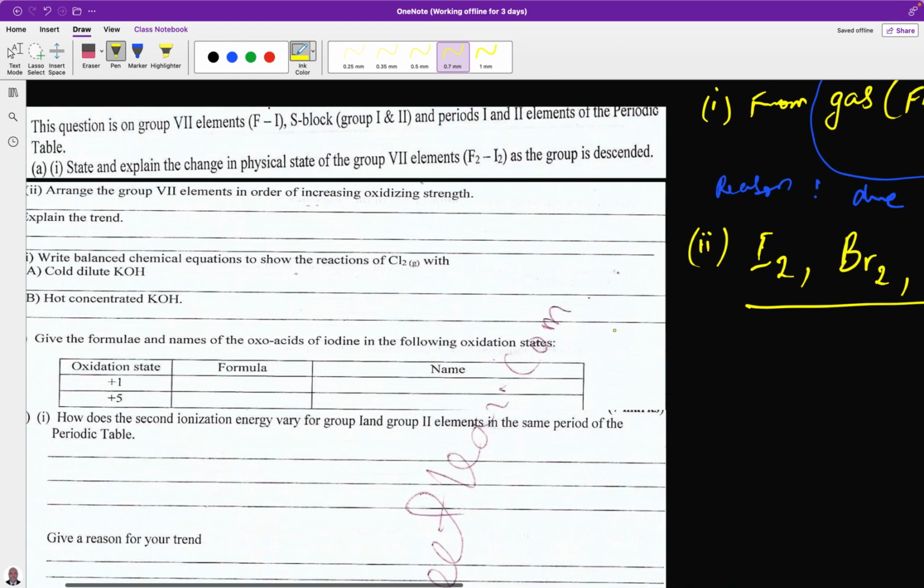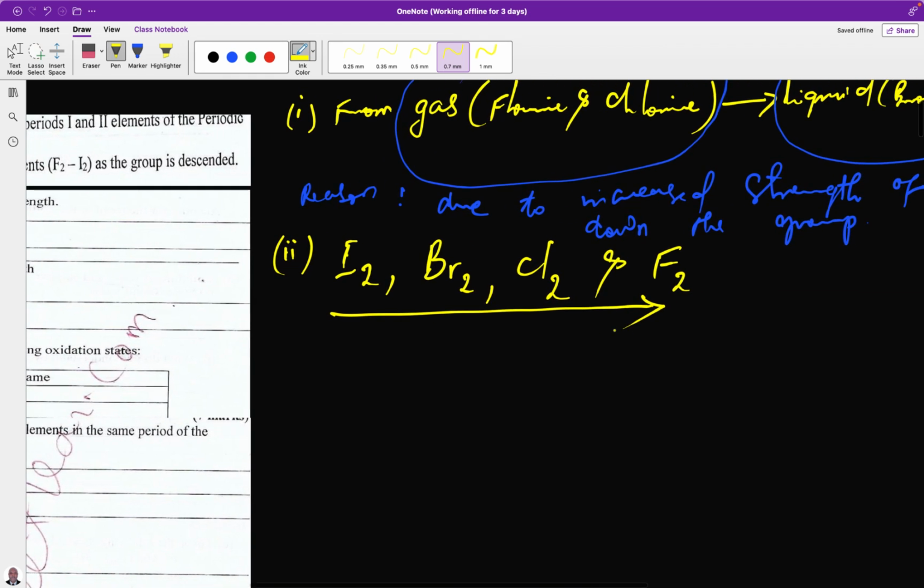Then the question says again, explain the trend. Why is it that the oxidizing strength is increasing as you go up the group?